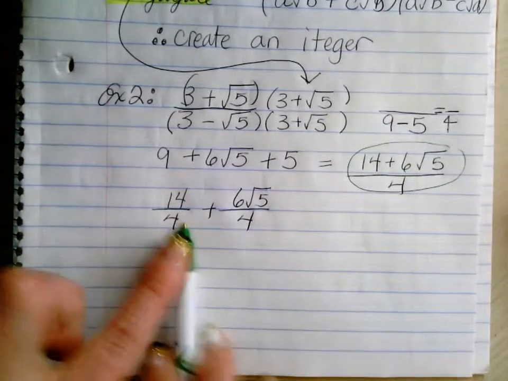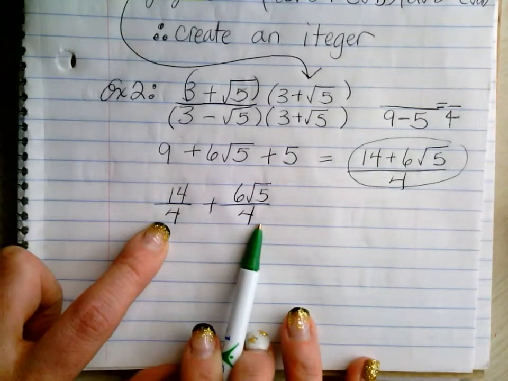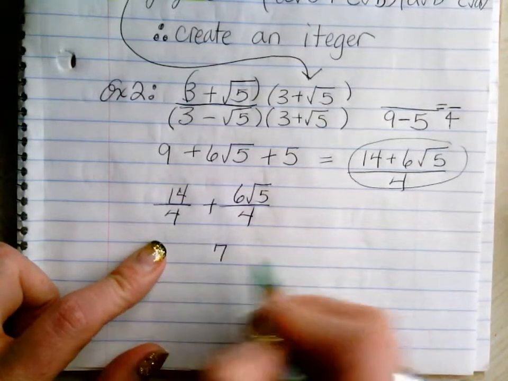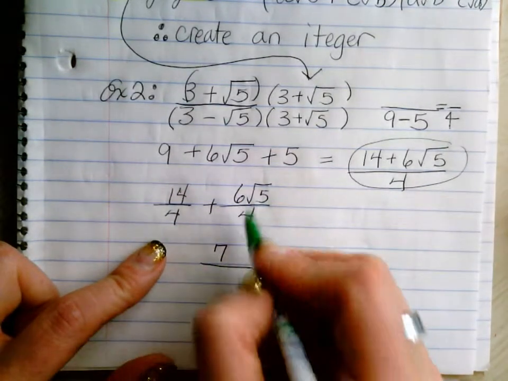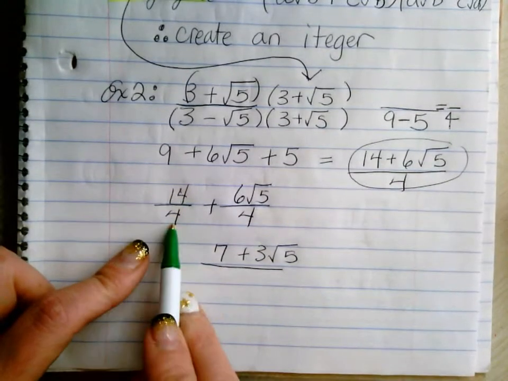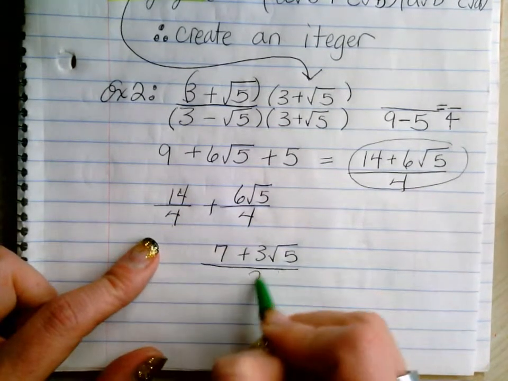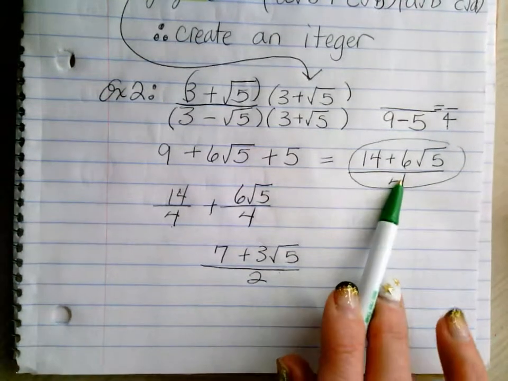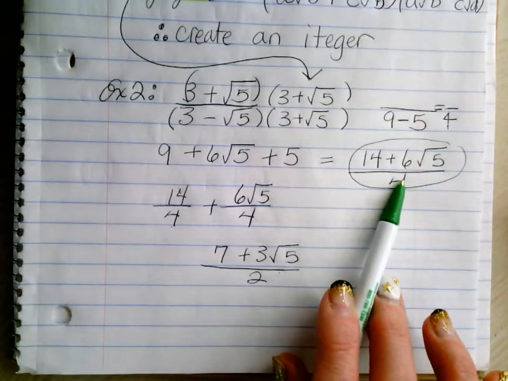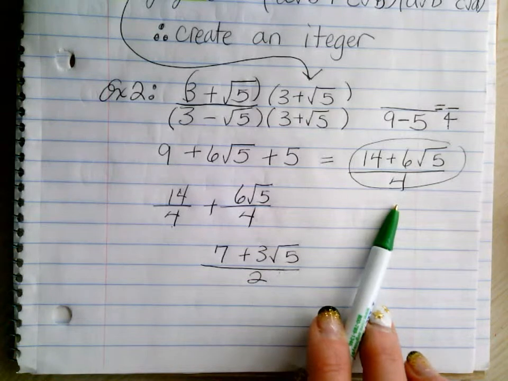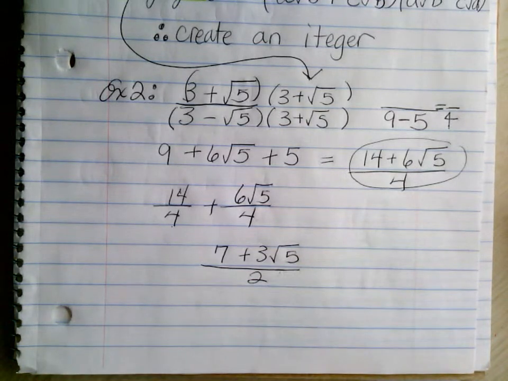This can be separated this way so you can visualize that this becomes 7, that becomes a 3, and both times that created a 2 in the denominator. So you can combine them all and make them all over 2. When you have this, you're almost there, but you have to look for a way to reduce if you can, and then go from there, and that's your final answer.